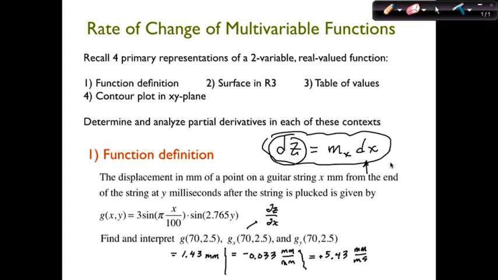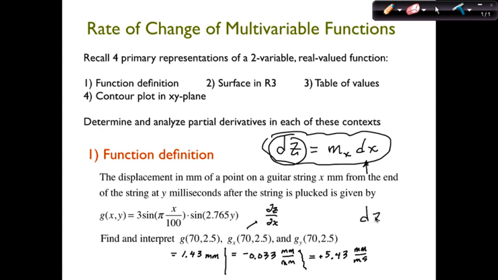So it's like the displacement of z for time y at 2.5 milliseconds, 70 millimeters down. That's true.